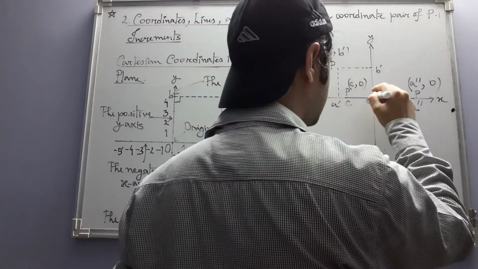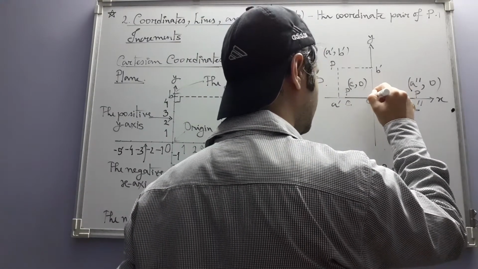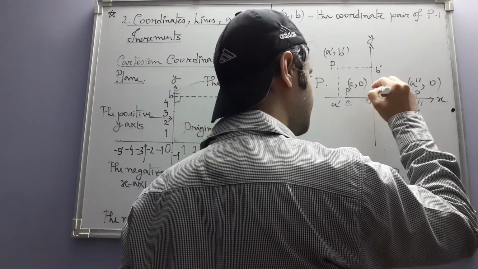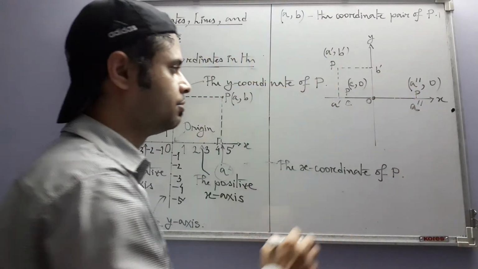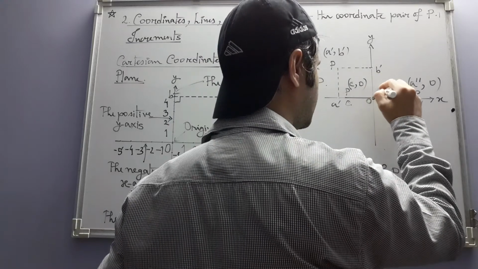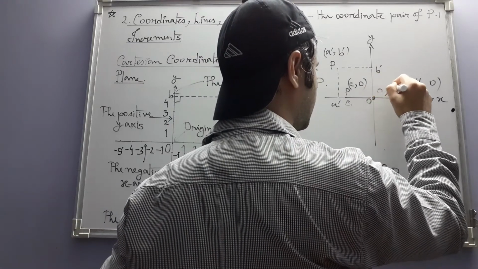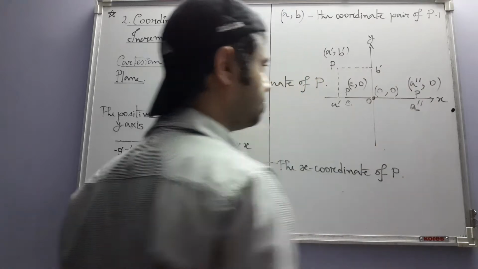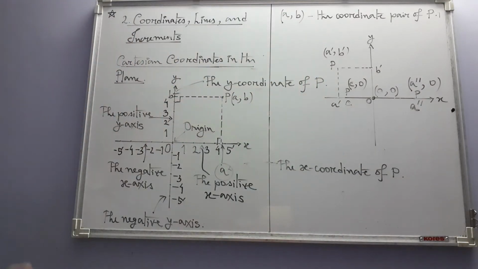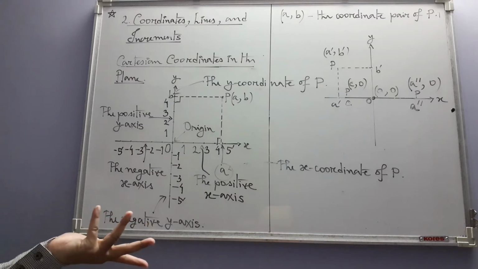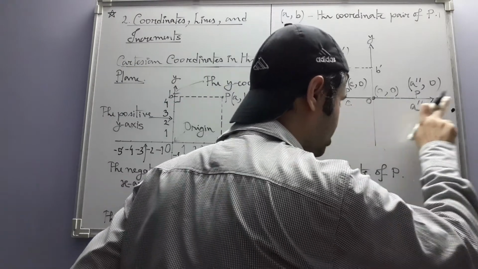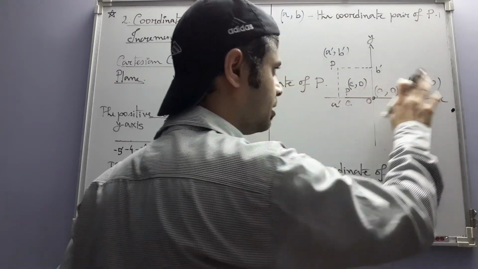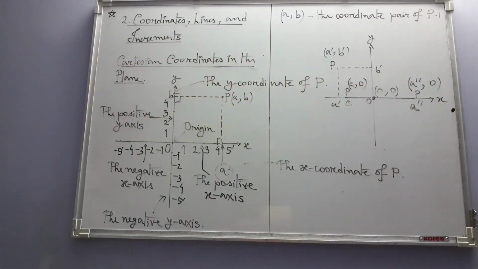So in this case, both the feet of the perpendiculars will be this point itself, which represents 0. So both the x coordinate and the y coordinate are equal to 0. So the origin is the only point where both x and y coordinates are equal to 0. However, you can see that for any point lying on the x-axis, the y-coordinate is always 0.